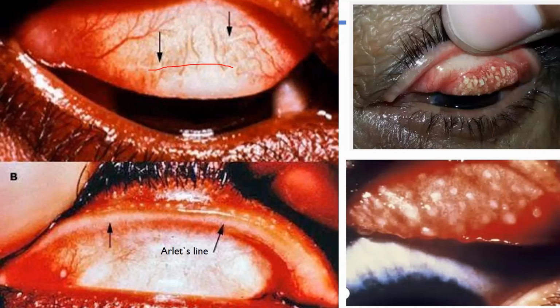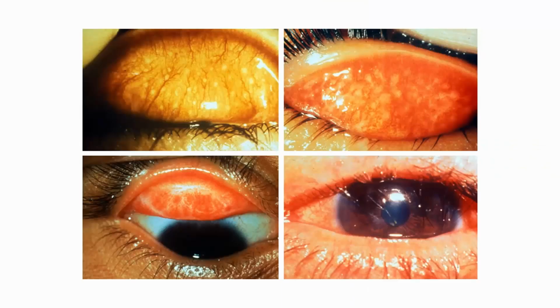That's Arlt's line. We can see scar over the palpebral conjunctiva. Here's the post-trachomatous degeneration, and here's post-trachomatous calcification. Here's another picture of the follicles, the PTDs or post-trachomatous degenerations, scarred palpebral conjunctiva, and the entropion.